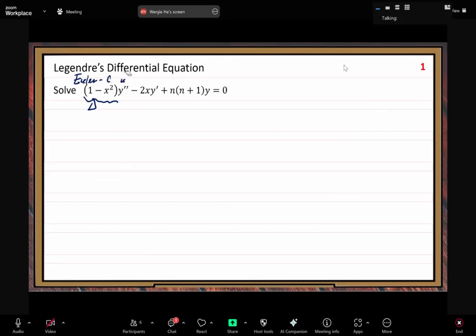The key step is to let y equal x to the m. That form, the solution form, this special form.